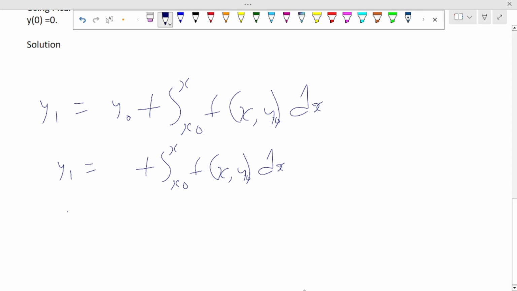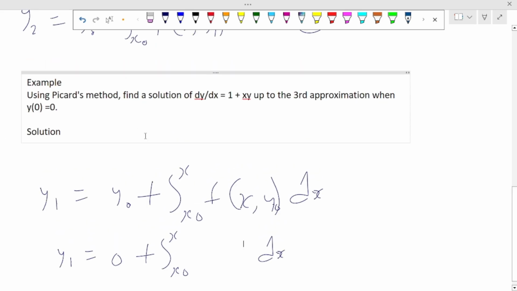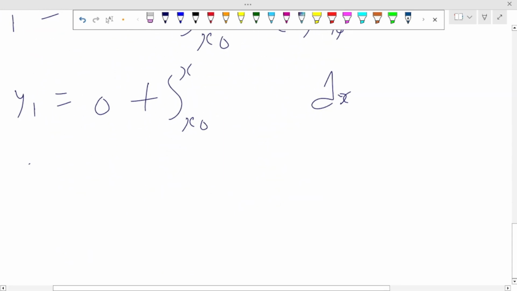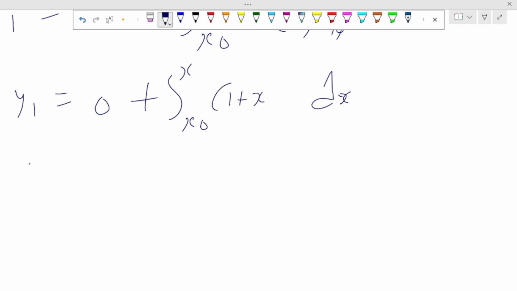So here will be 0, and then of course what we have in here will be the differential equation. So what's our differential equation here? I mean, what's dy dx here? 1 plus xy. So that's what we are going to have here.